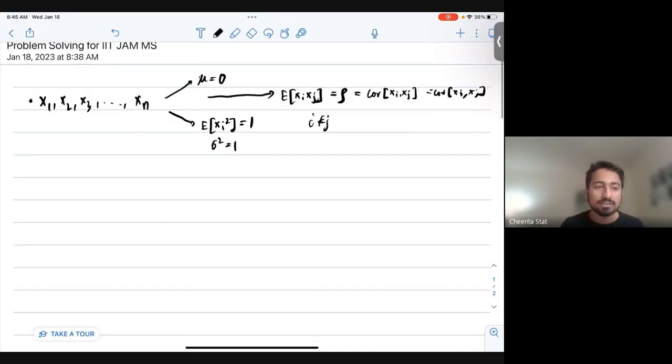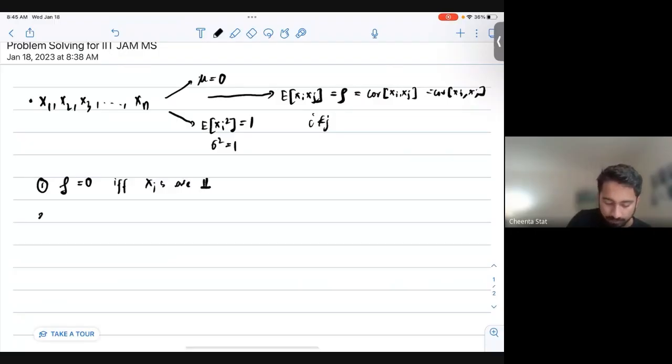The question has 4 options. Number 1: rho equal to 0 if and only if xi's are independent. Number 2: variance of summation xi is equal to n if and only if xi's are independent.